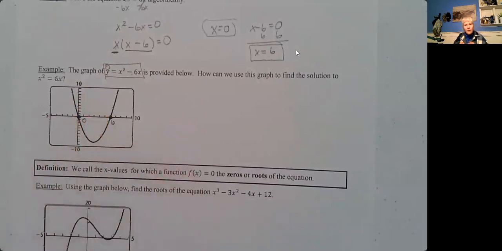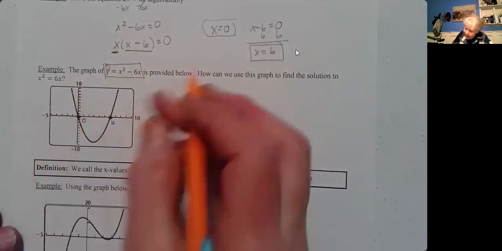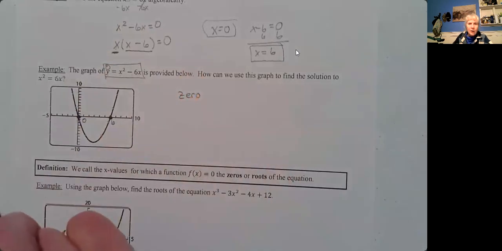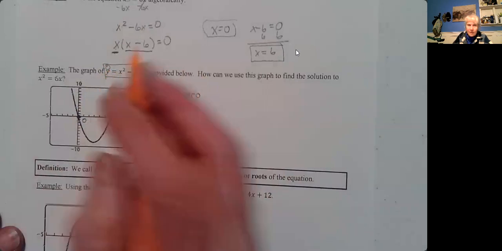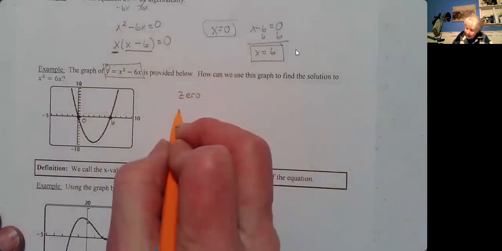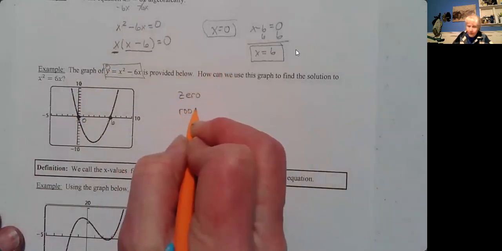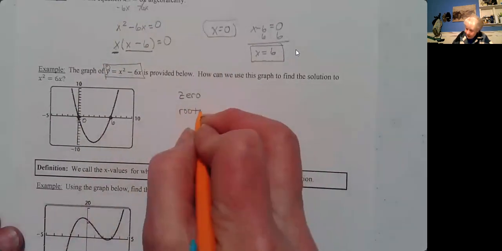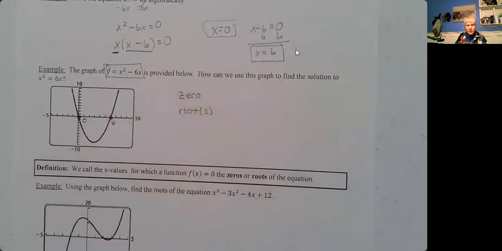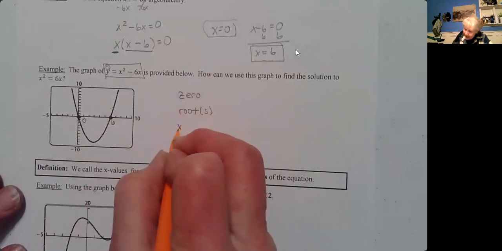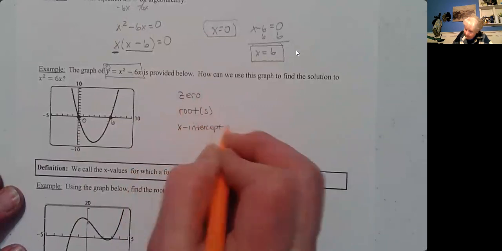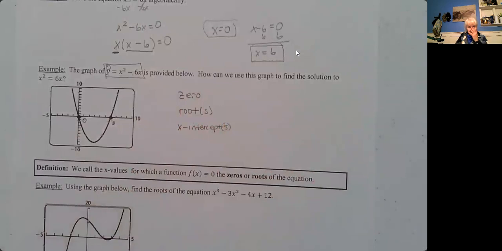So when you're solving these, sometimes they call it the 0 of the function or a 0 of the graph. You're setting it equal to 0. Sometimes they call it the root. What are the roots or the root? Depending, sometimes there's only one, sometimes there's plural. And it's also the x-intercept or intercepts.